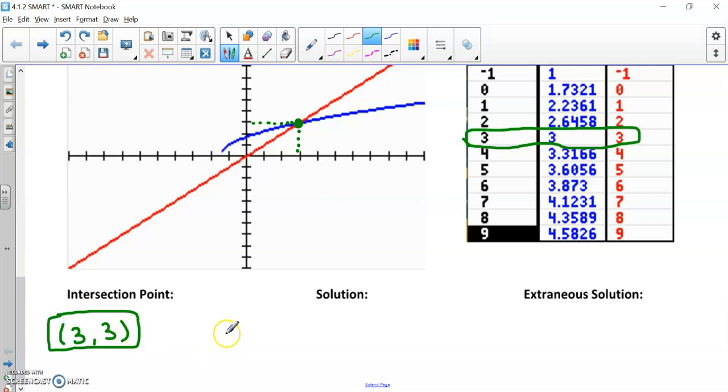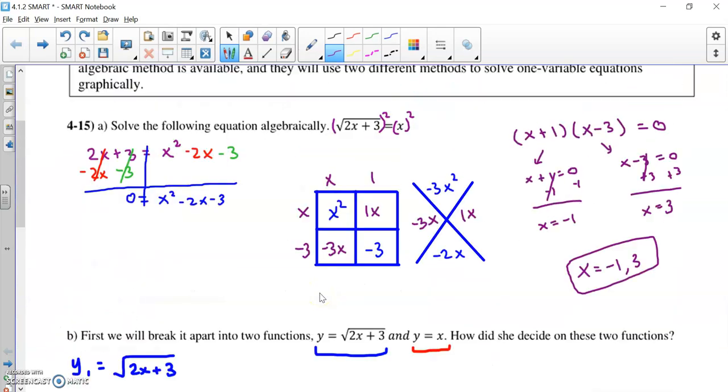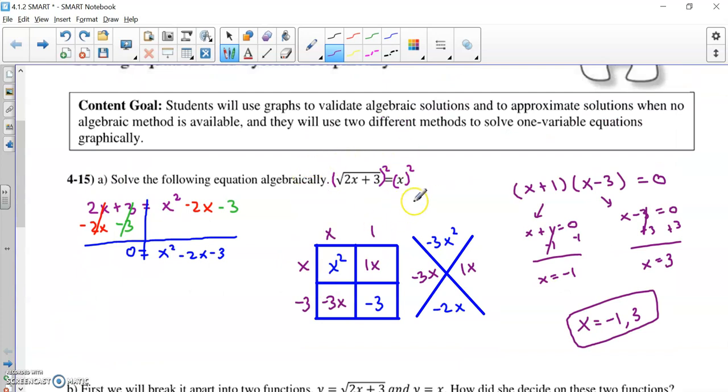So now that we have our intersection point, we can use that to find the solution to our actual original equation. Remember the difference between an intersection point and a solution. The intersection point is literally the point where the two graphs intersect. The solution is the answer to this equation.